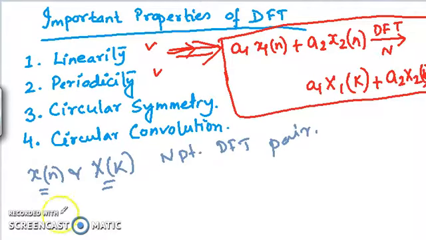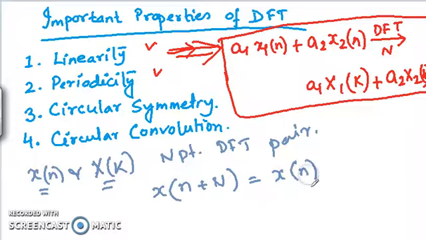So from this, both are having a periodicity property, and we know the equation in case of periodicity property. Both are N-point DFT, which means both have periodicity of N. So x[n + N] is equal to x[n].